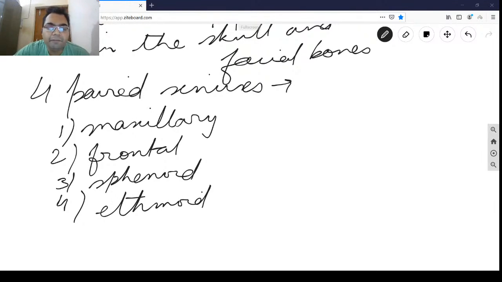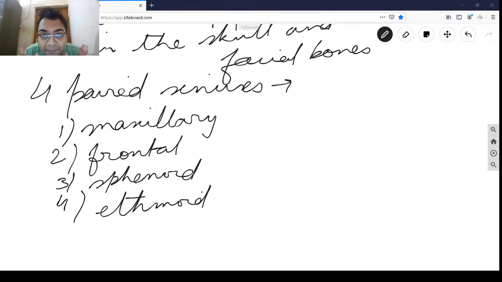Now the function of the paranasal sinuses, you will be asking me, what is the function? It is a topic of major debate and major research, but various hypotheses have been given. Whatever research I have studied, the postulated hypotheses are: number one, it helps to lighten the weight of the head, because they are hollow cavities, not filled with bone marrow.